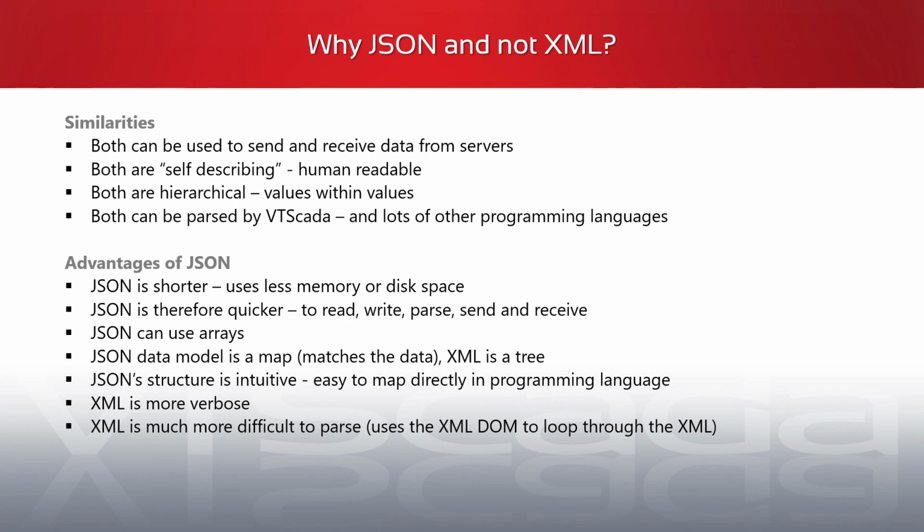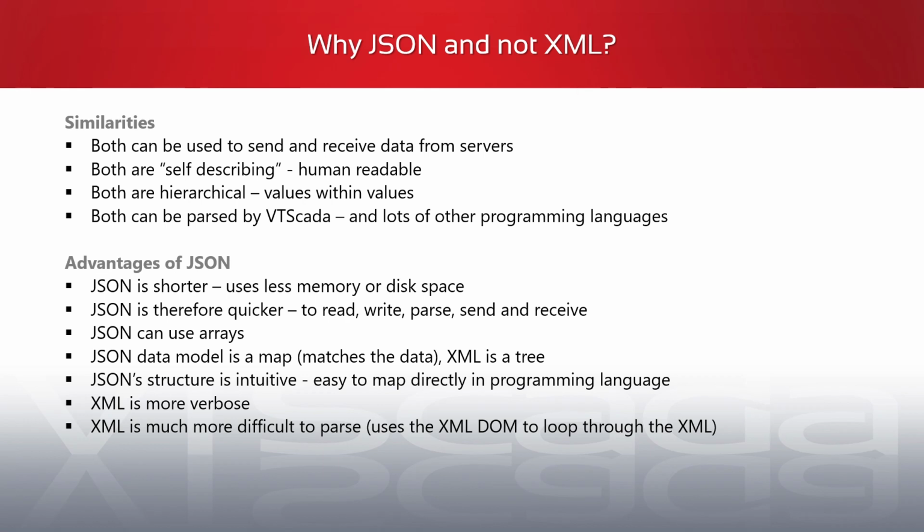However, there are some real advantages to JSON. JSON is shorter, so it is less verbose, and it uses less memory or disk space, so it's much more efficient in those respects. And because it's smaller, it's therefore quicker. It's quicker to read, write, parse, send and receive.